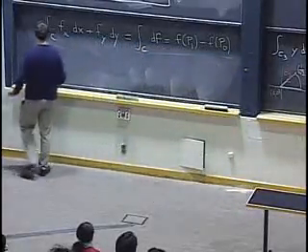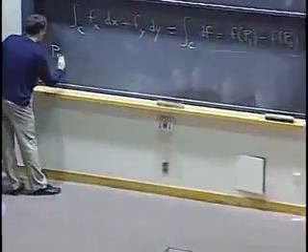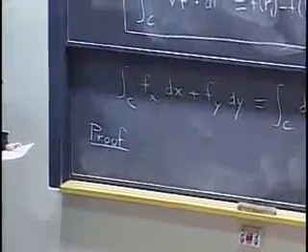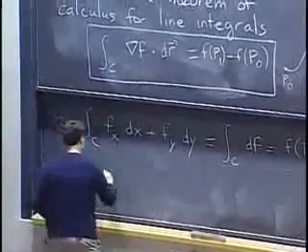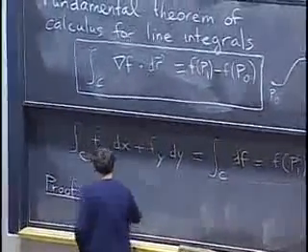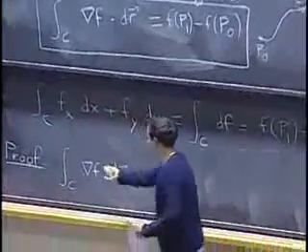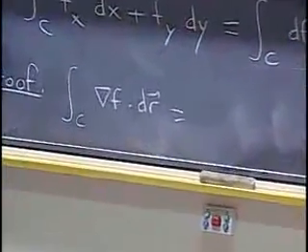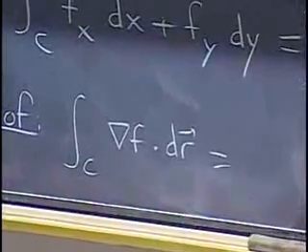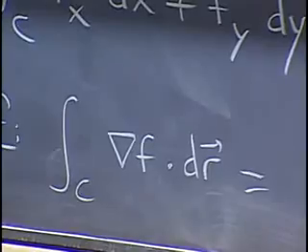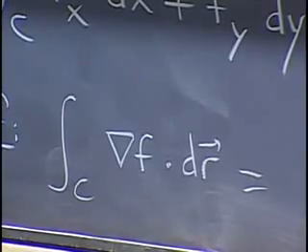And actually, that's how we prove the theorem. So let's prove this theorem. How do we prove it? Well, let's say I give you a curve, and I ask you to compute this integral. How will you do that? Well, the way you compute the integral actually is by choosing a parameter and expressing everything in terms of that parameter.